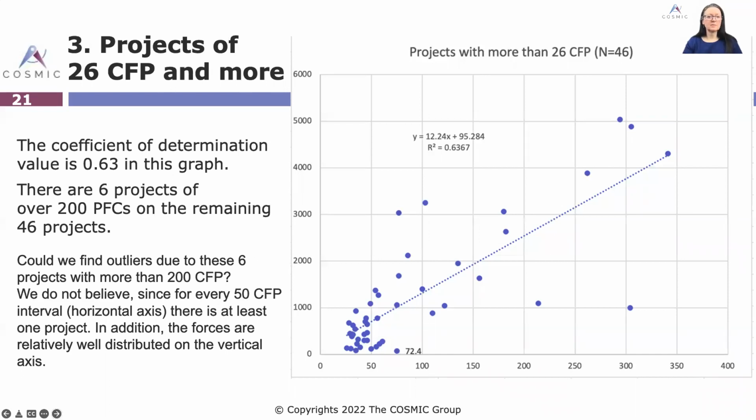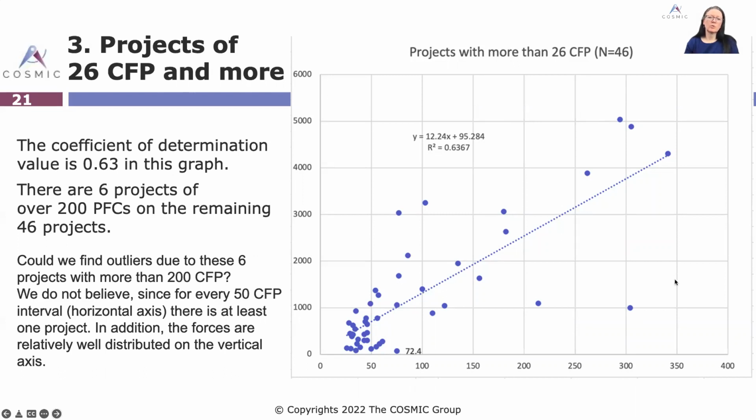In that case, our coefficient of determination is a little over 0.63, so almost 0.64. And looking at the biggest projects, there are 6 projects over 200 COSMIC function points that are here.